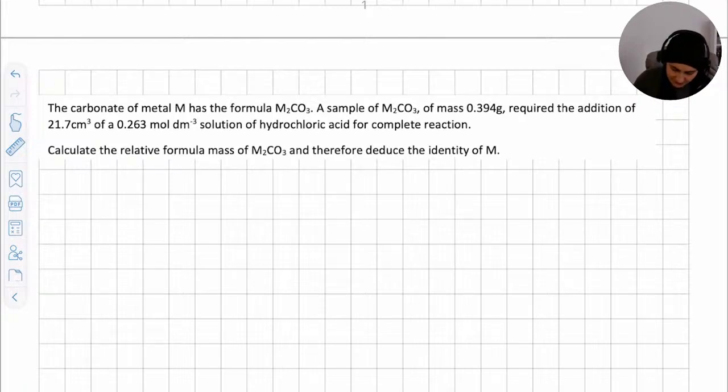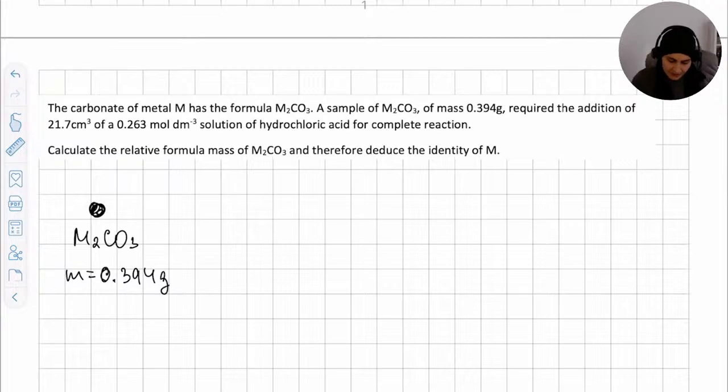They take the solid M2CO3. Obviously, you don't get any extra marks for drawing that. They took a solid piece of M2CO3 for which we know the mass, which is 0.394 grams. And then they probably either dissolve it or just titrate it as it is, probably dissolve.